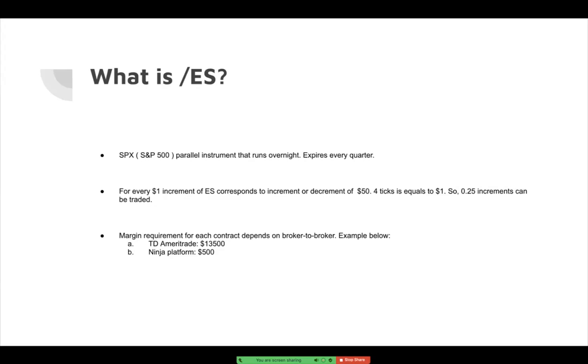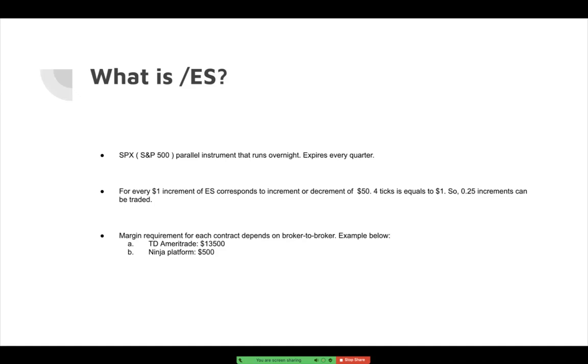That happens because ES futures, which corresponds to the S&P 500 index, run overnight, and depending on where that ES opens or closes, the next day the SPX opens or closes around the same price level. That's why you sometimes see the overall market gapping up, gapping down, or staying flat.